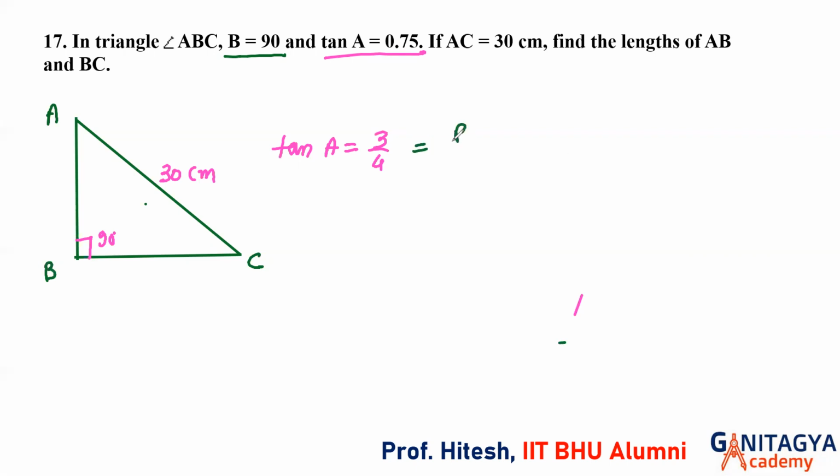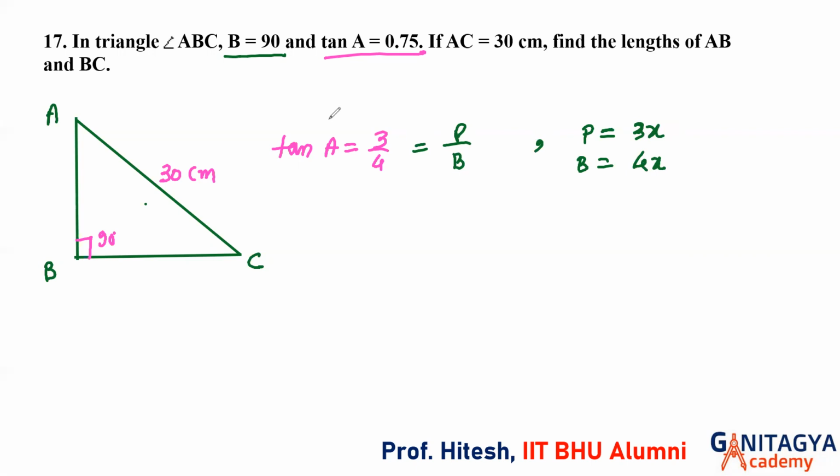So it is perpendicular upon base. So it doesn't mean P is 3. P is 3x, B is 4x. X can be any value, any integer, any whole number, any natural number. Understood? X can be any number.